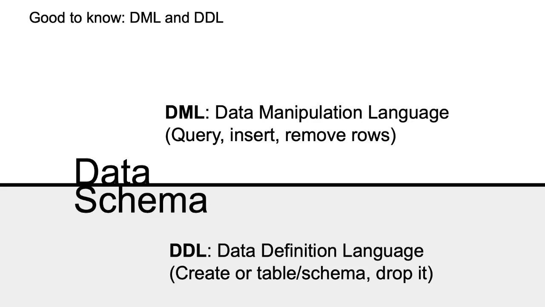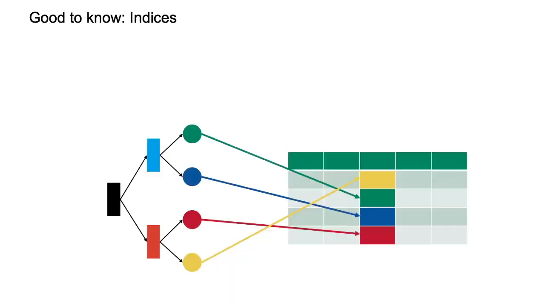Okay, so DML, DDL. What's also good to know, I'm going over this very quickly: in a relational database management system, you also have an index. An index is something magic that accelerates the query, and you just notice it's faster, but the results are the same. It's similar to what you have at the end of a book, where you have an alphabetically sorted list of words, and that gives you the pages on which you find these words.